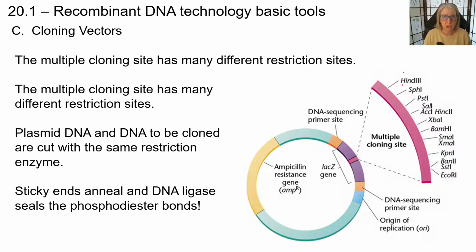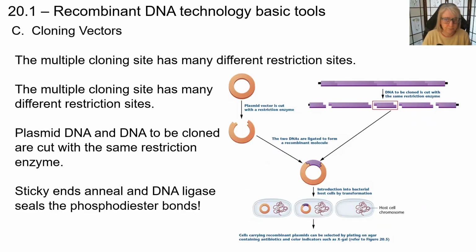I just have to use a matching one on my source and my vector. I then anneal the sticky ends together. DNA ligase binds it together, and I've inserted my gene into some area of the multiple cloning site of the DNA sequence on my vector.